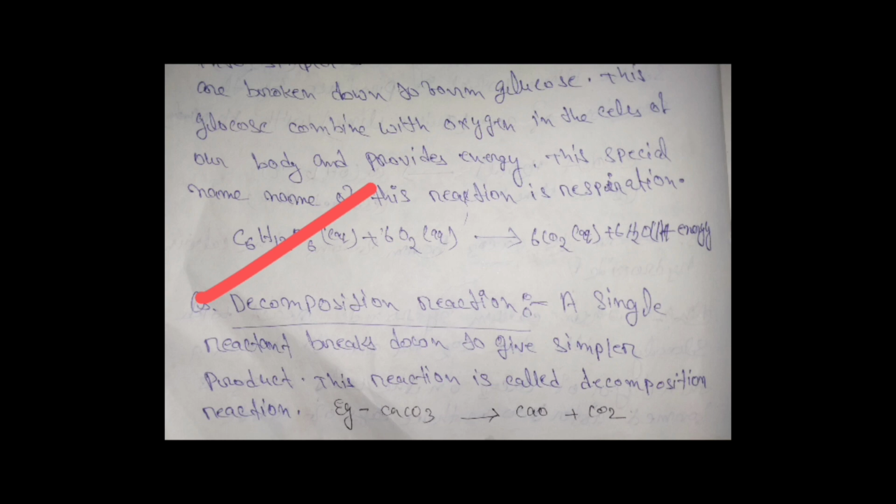That means when a reactant breaks down to give simple products, then it is called a decomposition reaction. Here is an example of it. Calcium carbonate during the reaction breaks down into two pieces and forms new simpler products, that is calcium oxide plus carbon dioxide.